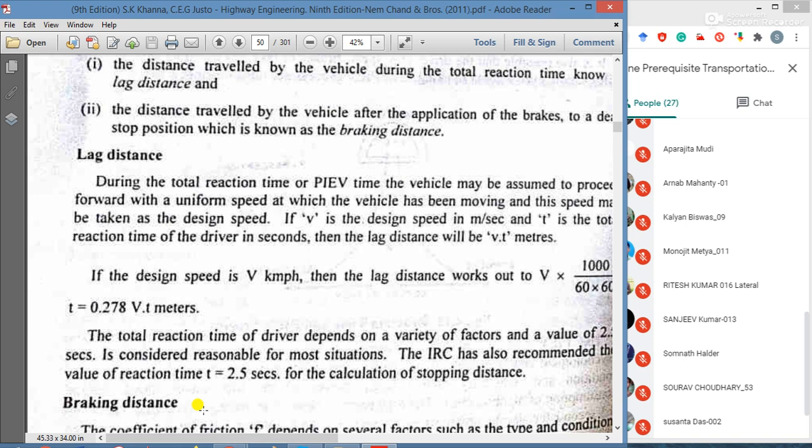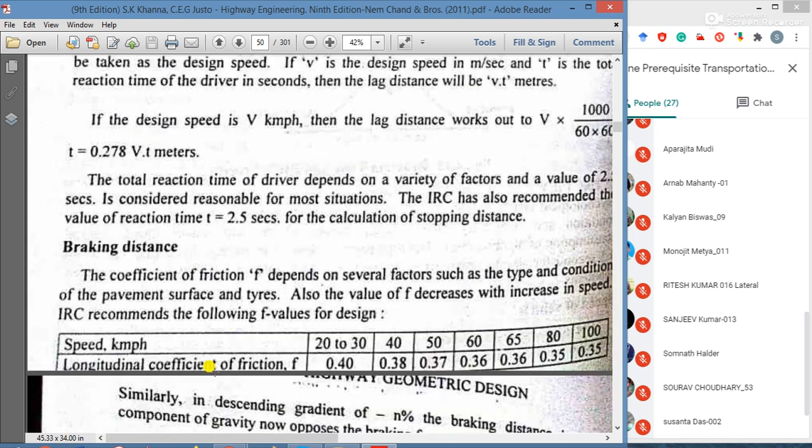This is the distance traveled by our vehicle during our reaction, called the lag distance. When we realize that we have to stop our vehicle, we apply the brake. But when we apply the brake, the vehicle will not stop instantly; it stops after some time.